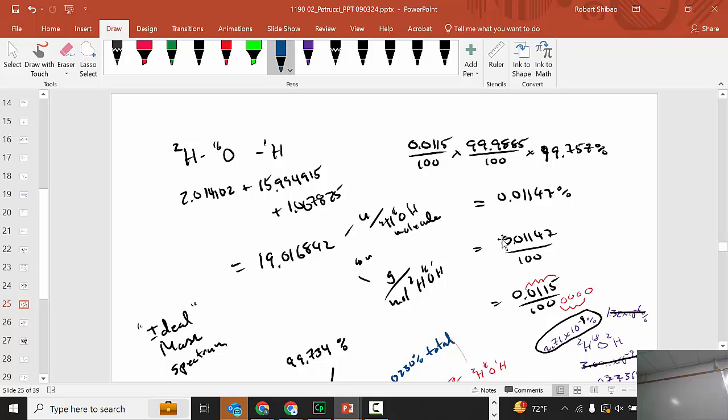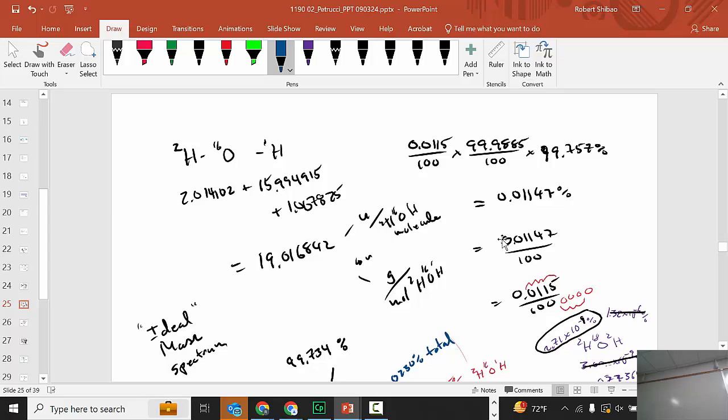What is the percent abundance of this? So over here we'll have the fractional abundance of H2. Fractional abundance would be 0.0115%. Excuse me, that's a percent. And then converted into fraction, 0.0115 out of 100. Now I'm going to move the decimal over here 4 places, and that gives me 115.